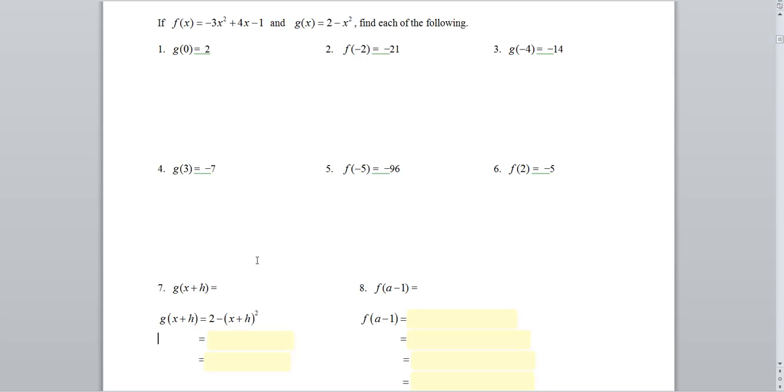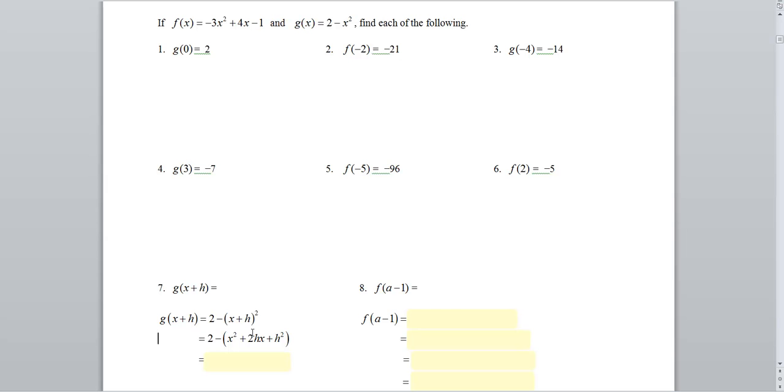So I need you to try seeing what x plus h times x plus h is. You should end up with x squared plus hx plus hx plus h squared if you FOIL it. Anytime you have more than one letter, you need to put it in alphabetical order because that way you can see like terms a little bit easier.